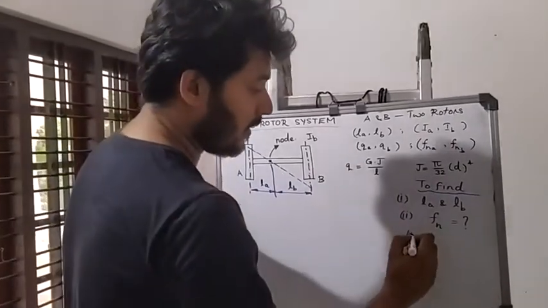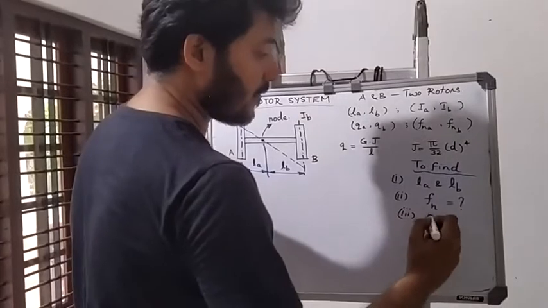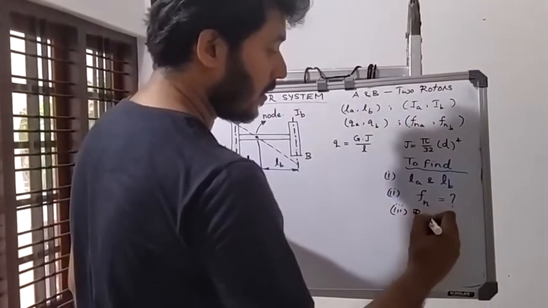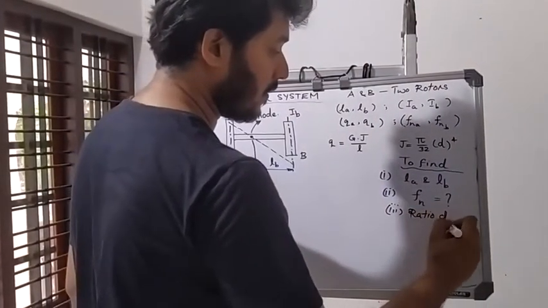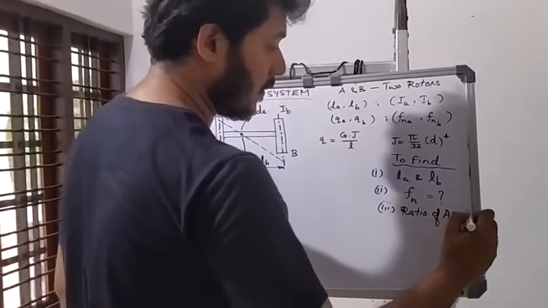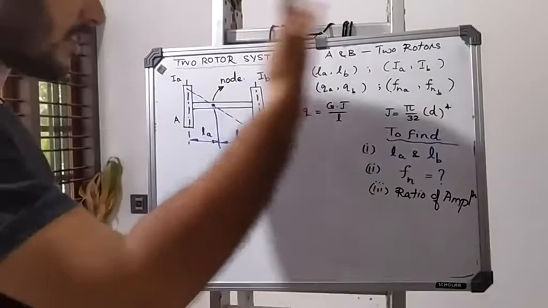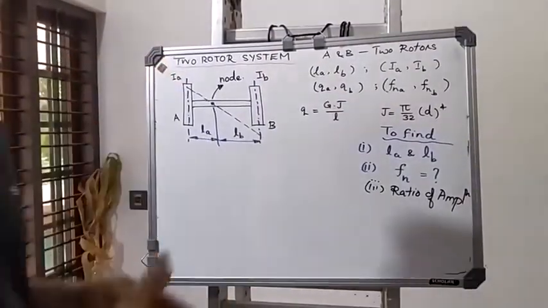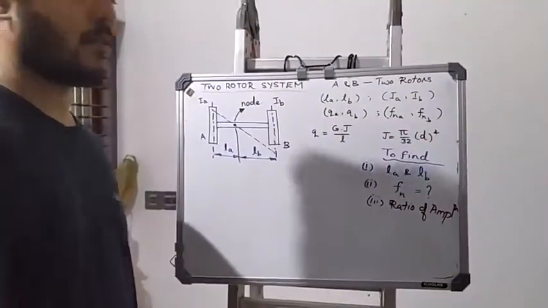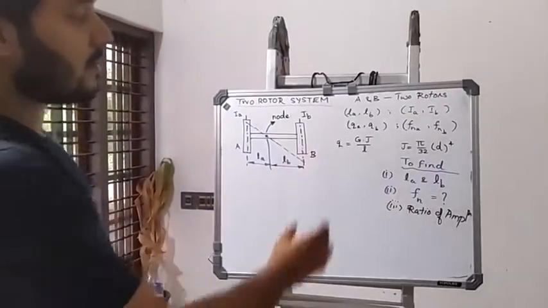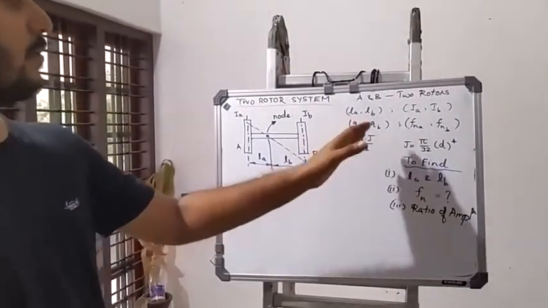And one more thing might be asked: the ratio of amplitudes, or the amplitude of vibration of rotor A and the amplitude of vibration of rotor B. So the general equation to find the torsional stiffness is G into J by L.